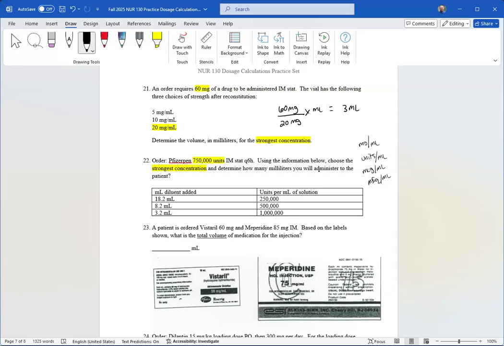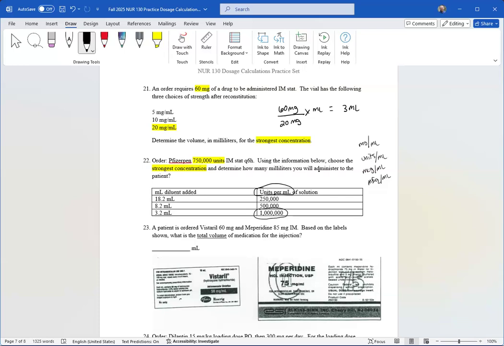So we're looking for that concentration. So I have two things listed here, right? I have milliliters diluent added, and I have these three numbers, and then I have units per milliliter solution. This is the concentration. So I'm going to choose the strongest concentration, which is this 1 million units per milliliter.